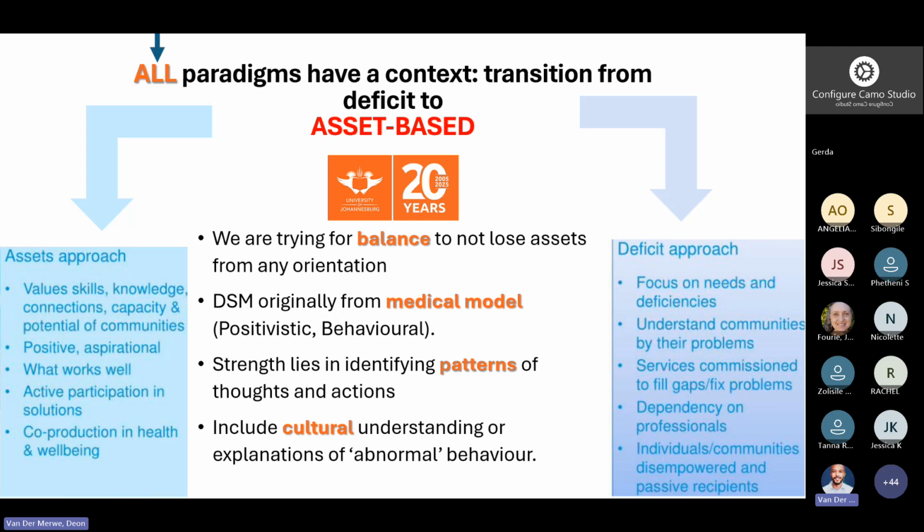Now, here at UJ, the social ecological model is at the heartbeat of how we engage with learners and communities. And that informs an asset-based approach, which takes into its fold all of the three assessment models that I made reference to.